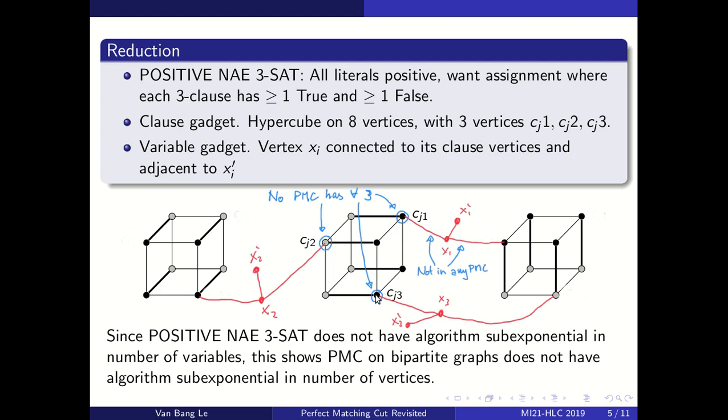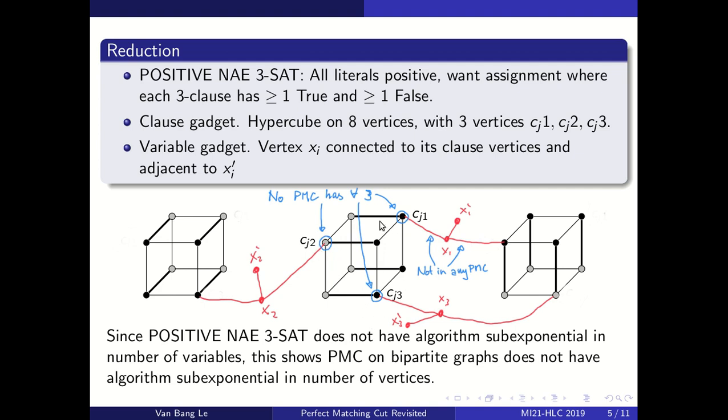and it'll have the 3 vertices cj1, cj2 and cj3. The first thing to notice is that any perfect matching cut will not put all these 3 vertices on the same side of the cut.